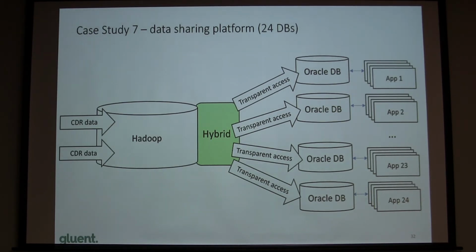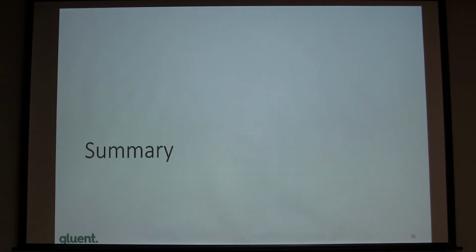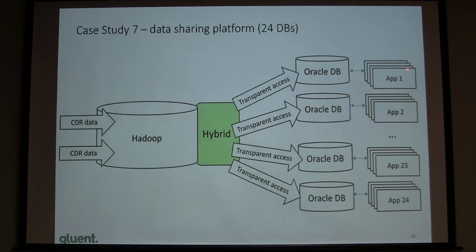So where are the queries being executed in this case, on the Oracle database or on Hadoop? Well, actually, it's a hybrid query. The application still logs into the database exactly as it did yesterday, and still runs exactly the same query as it did yesterday.